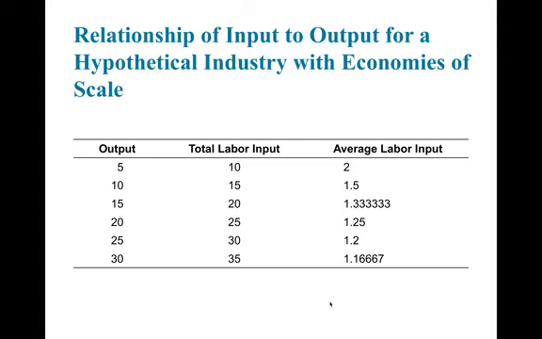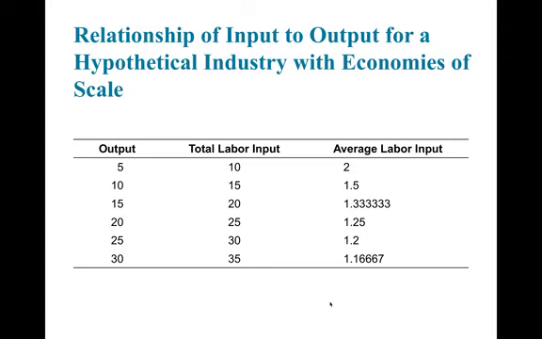The second column is total labor input needed to produce the output. So you need 10 units of labor to produce 5 units of output. You need 15 to produce 10. You need 20 to produce 15, etc. See how if you double the amount of input from 10 to 20, output increases threefold in this example. So clearly, there are economies of scale.